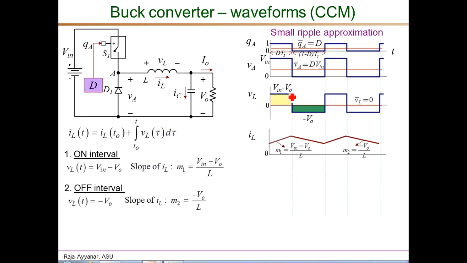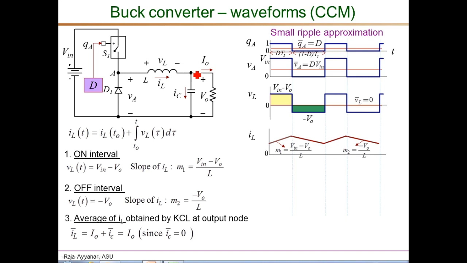So essentially, given this voltage waveform for the inductor, there is a family of curves possible for the inductor current, and the correct one will be the waveform which has the average value that we obtain from the circuit operating conditions. So essentially, we can get the average current by doing a KCL at this node in an average sense. So remember that the KCL and KVL are valid in an average sense as well.